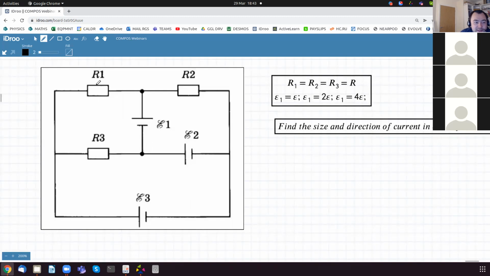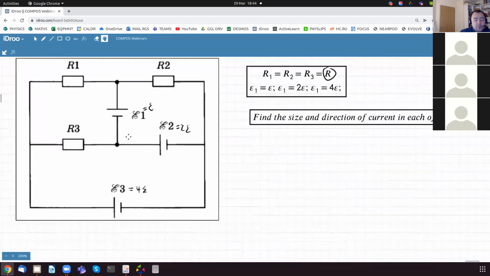We know that the resistors are the same and the resistances are. We know that EMF1 is EMF, EMF2 is 2 EMF, and EMF3 is 4 EMF, 4E. Basically, if this is 1 volt, 2 and 4 volts.